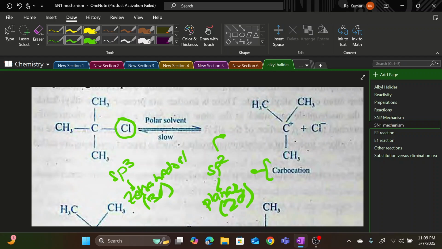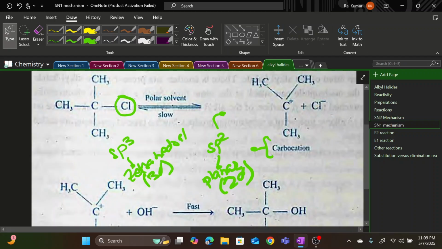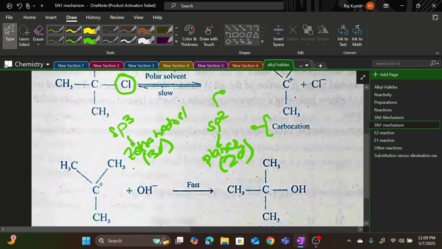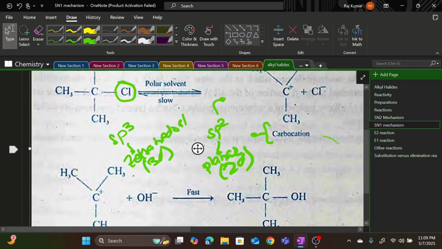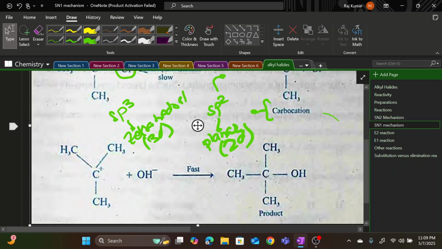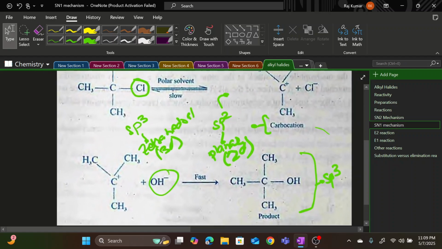Now once the sp2 hybridized carbocation is formed, when the carbocation reacts in the second stage with the incoming nucleophile, that forms the product, and that product again becomes sp3 hybridized. So this is the reaction.